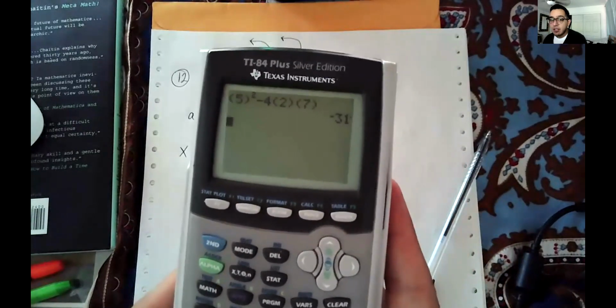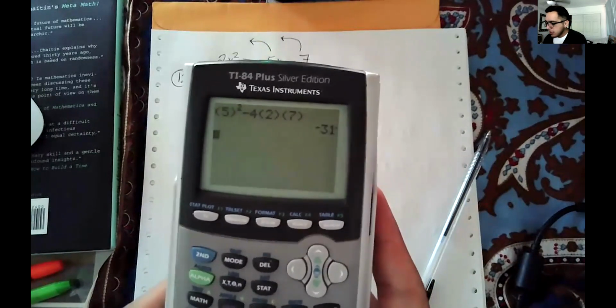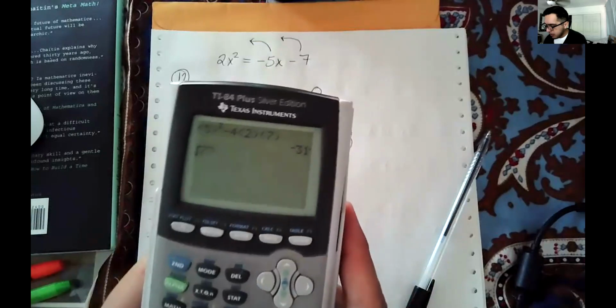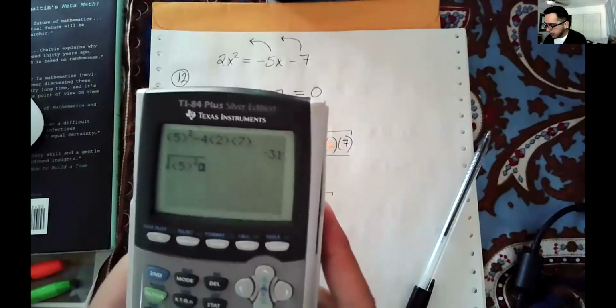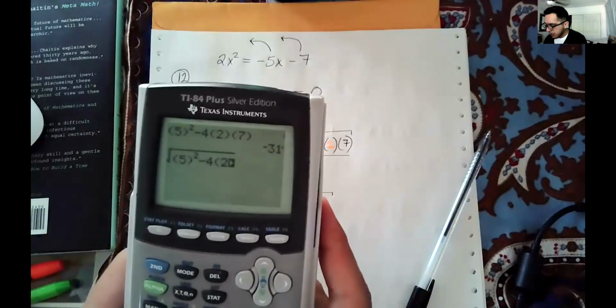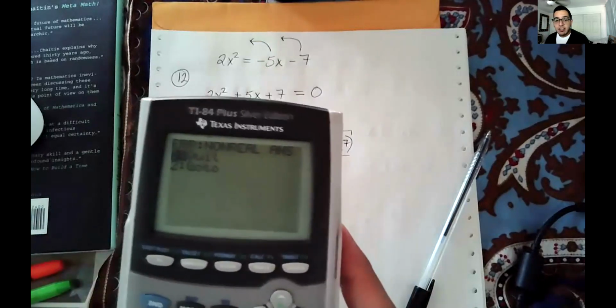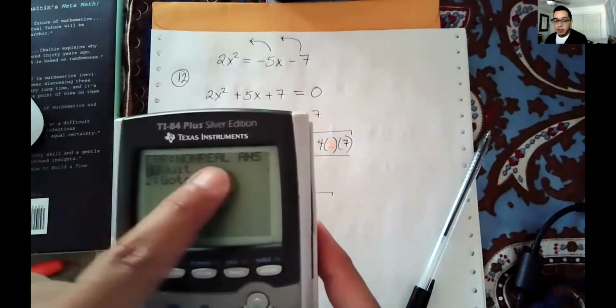And we get -31. So just to show you guys, if I had put the square root first and I had put that expression 5 squared minus 4 times 2 times 7, the calculator would have given me an error and says non-real answer.